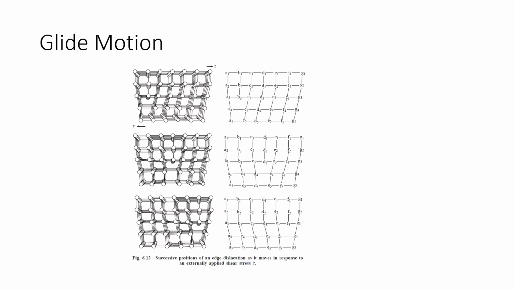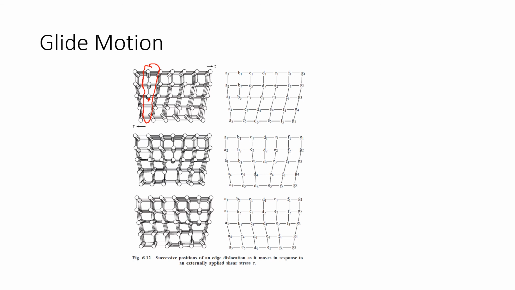So for the motion of an edge dislocation, you can consider the example here. You can see the dislocation is here. This line goes into the plane of the board.